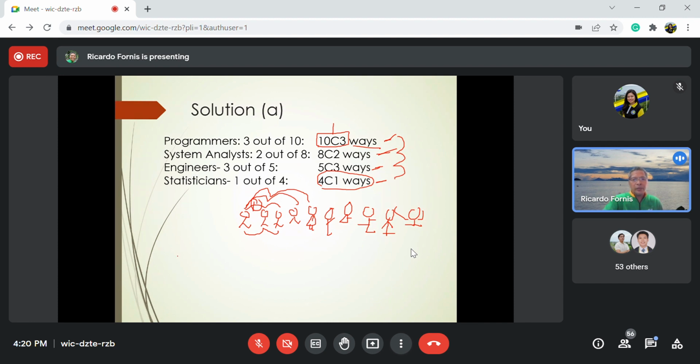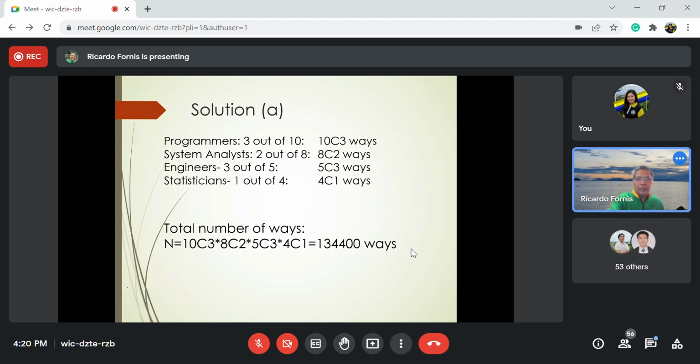In total, therefore, now I hope it's not difficult for you to imagine, there will be 10 combined 3. This is now the principle of counting. You multiply it by 8 combined 2, multiply it by 5 combined 3, and finally 4 combined 1. Then there are 134,400 ways of forming a team.